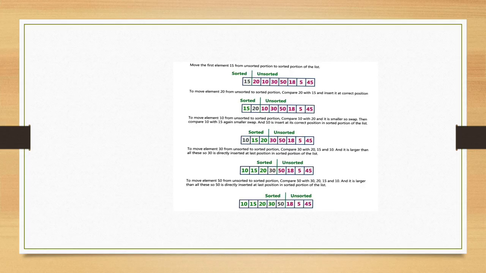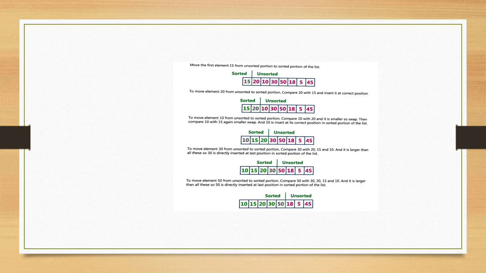To move the unsorted element 45 to the sorted portion, compare 45 with its left elements: 50, 30, 20, 18, 15, 10 and 5. Here 45 is larger than 30, so move 50 one position to the right and insert 45 after 30 in the sorted list.